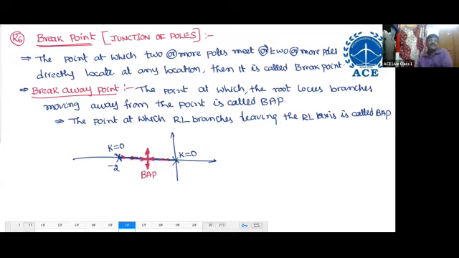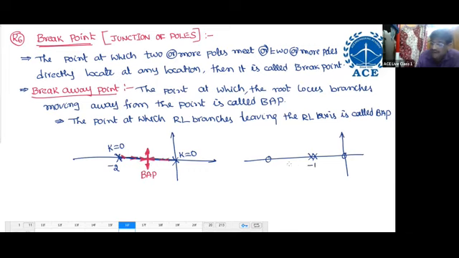100% correct. But in case it is not leaving the real axis, I'll take one more case. For example, I'll take two poles here, at -1 and 0.